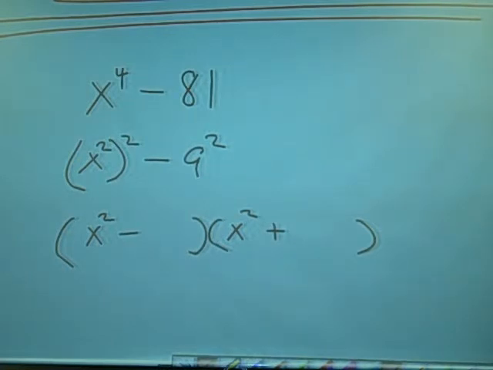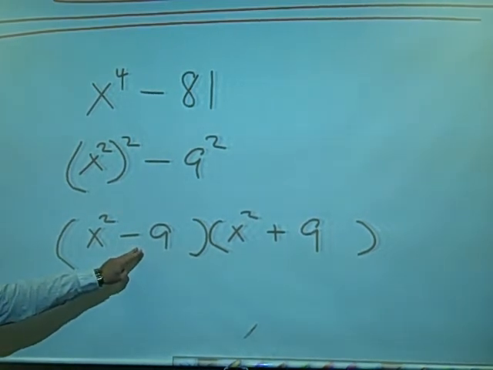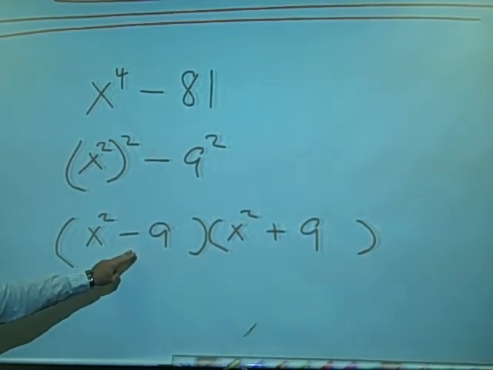Okay, what are the factors? Can be x squared minus what? 9. And x squared plus 9. Are we done? Or do we have another difference? Yeah, we have another difference of 2 squares here, right? So we can factor that again.